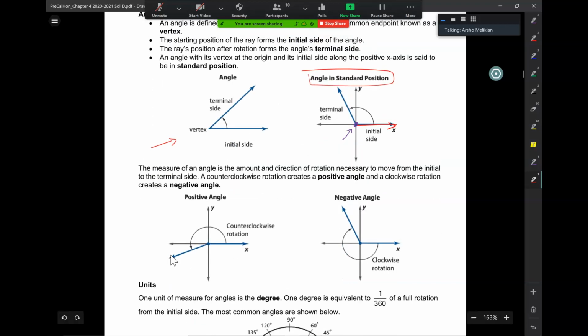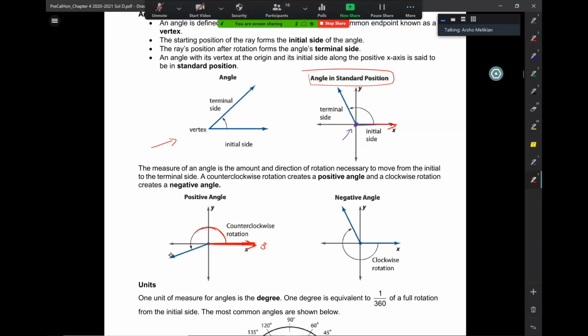All right. How do we measure an angle? Well, you have your initial side, right? Right here. That's when you have no angle. If you just have the initial side, you have no angle. You have 0 degrees. And then you start rotating your second ray, which is going to become the terminal side, in the counterclockwise direction.